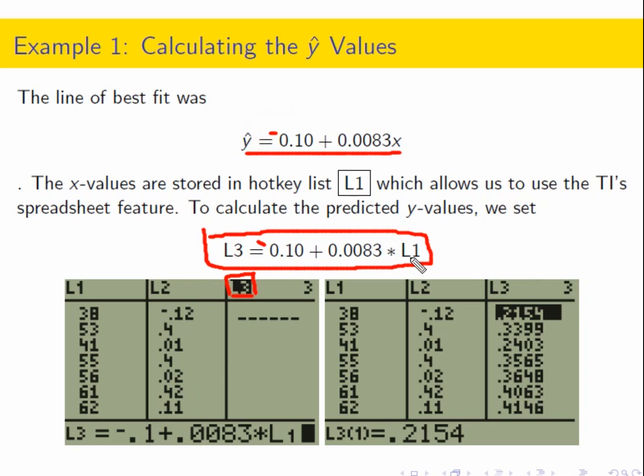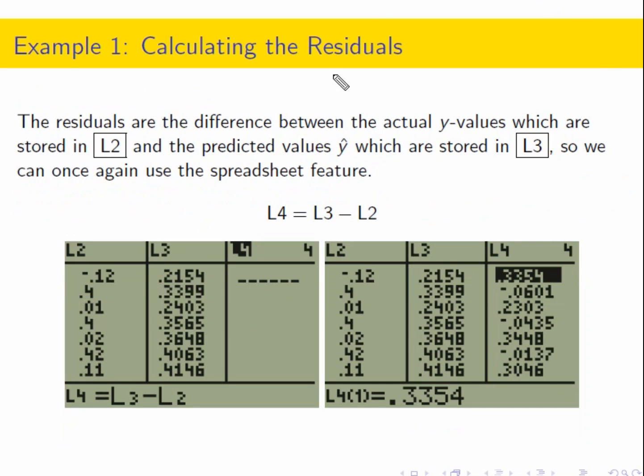And when I type this in and hit enter, I get this third column of data. Excuse me, I said L3 were the residuals. They're not. L3 are the y-hats. And L4 is going to have the residuals, right?